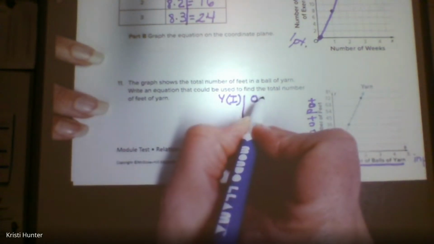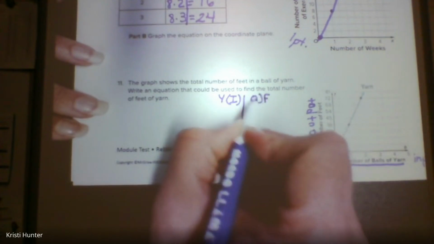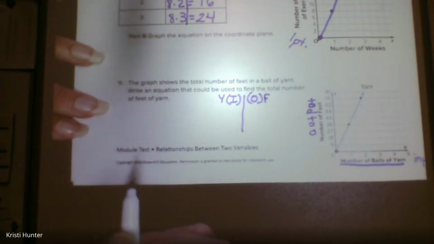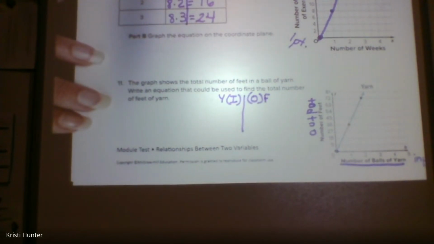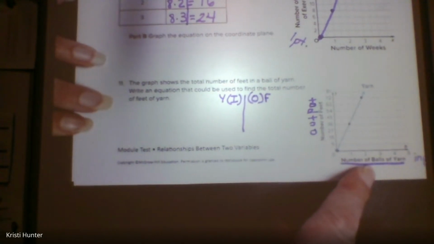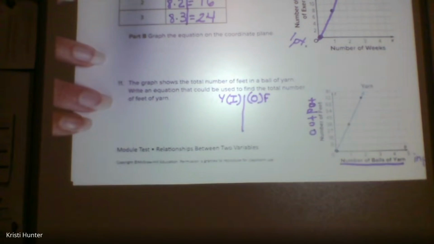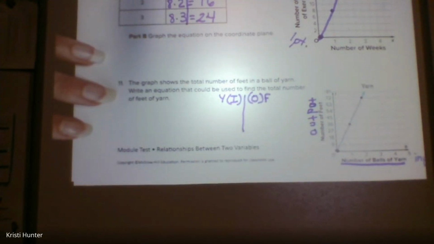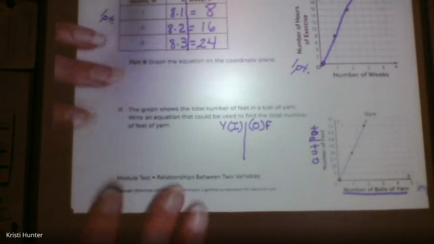We could use F for feet for my output, because it really doesn't tell me what I'm supposed to use for my variables there. So as long as you make up your variables and I can tell what they go with, you could have used B for balls of yarn here. That could have worked. Could have used N for number of feet there. As long as they go with those, I'm okay with them.